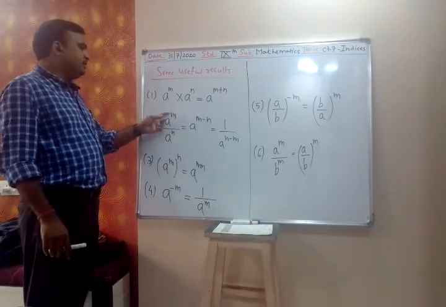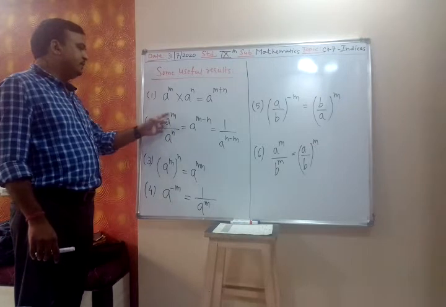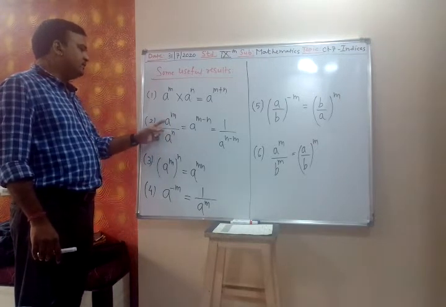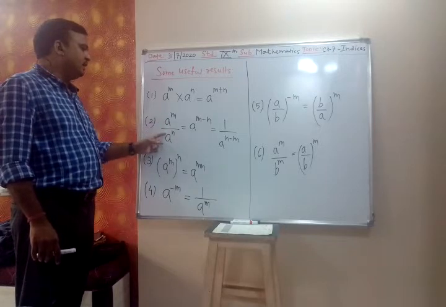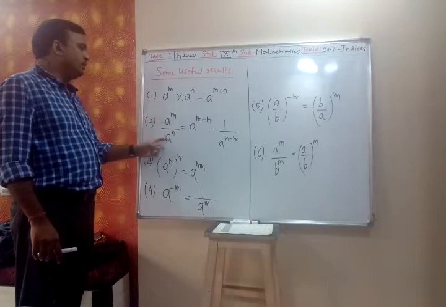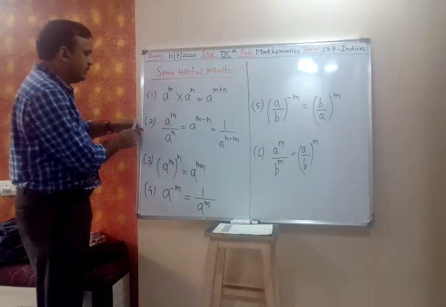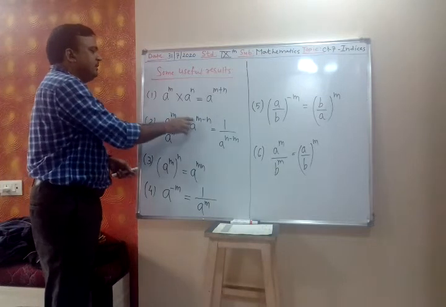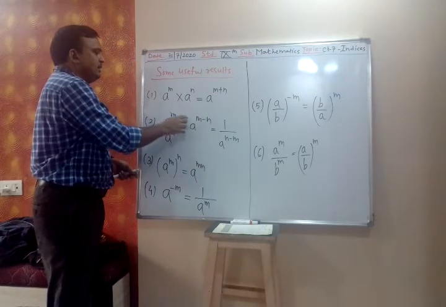Again, a raised to m, a is the base, m is the power. A raised to n, a is the base, n is the power. So again the base is the same, a. Now there is division. So a raised to m upon a raised to n, I can write a raised to m minus n. I can take n in the numerator, it will be minus n. So m minus n.